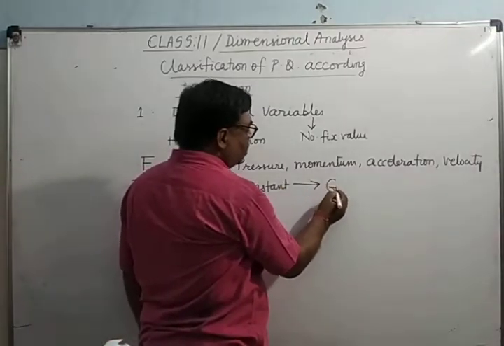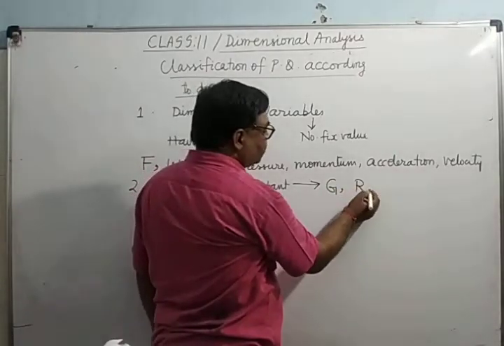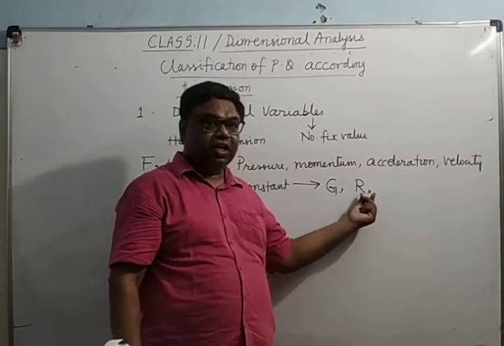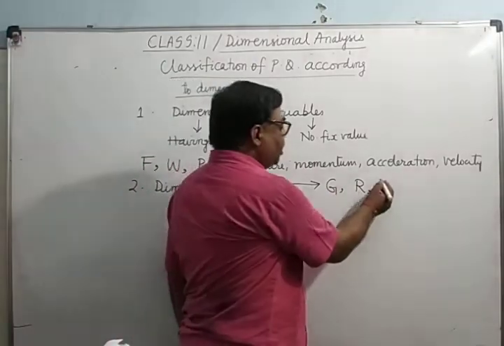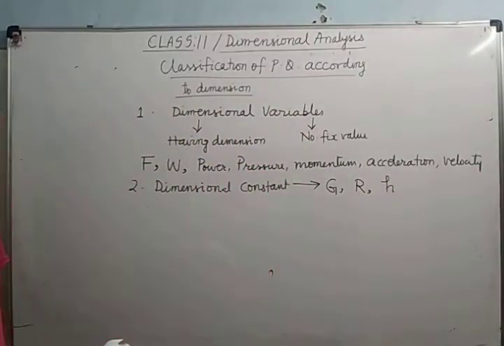For example, universal gravitational constant, universal gas constant, it is the gravitational constant, it is the gas constant, it is the Planck's constant. All these are having dimension as well as fixed value.